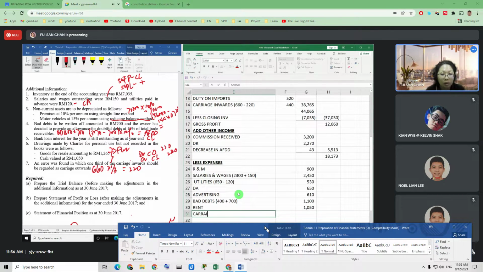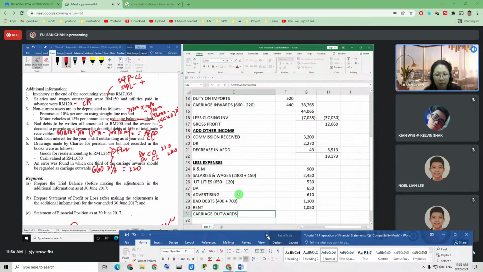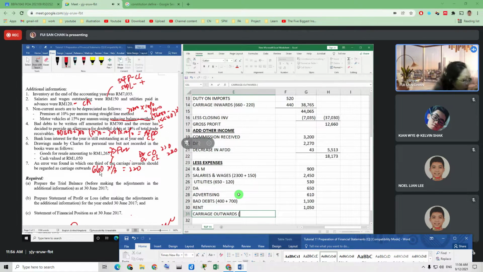One more. Carriage outward. Yeah. So our carriage outward. Remember, there's an adjustment, right? So it's 720 plus 220, right? Yeah. So it becomes 940. So any more items that we need?